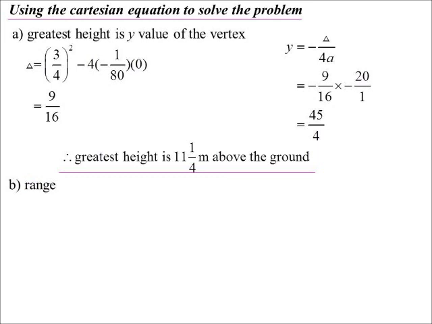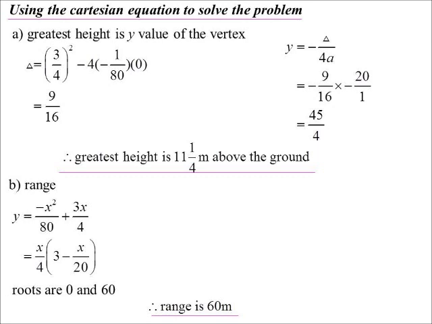Part B said the range. Well, I can easily find the roots of this by factorising my quadratic. Obviously one answer is 0, but the other answer would be 60. So I know the range is 60 metres. Velocity and direction of the ball after half a second. Well, this is playing with the tangent to the parabola.